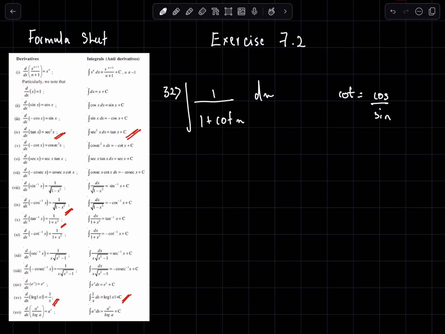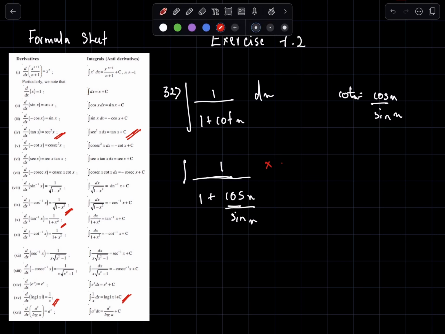So this becomes the integral of 1 over 1 plus cosine x over sine x. Now you need to simplify this. An easy trick: you can take the LCM, but a simpler way I like is, to remove this denominator, multiply the numerator and denominator by sine x.